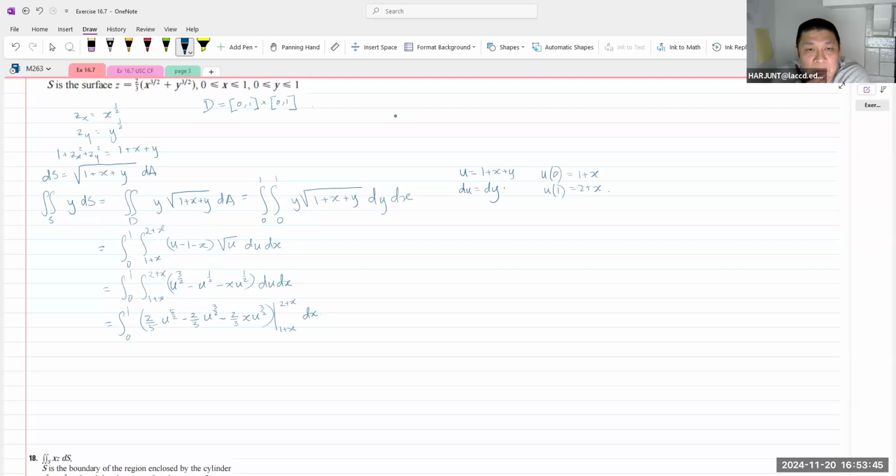We will have a lot of chunks to play with here. Bear with me. Let me do this first. I will factor the 2/3 u to the power of 3/2, and I get 1 plus x here.